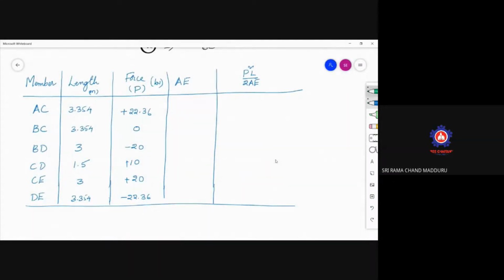A is mentioned as 1000 mm square, E is 2 into 10 power 5 Newton per mm square. A into E is nothing but 2 into 10 power 5 multiplied with 1000, which is 2 into 10 power 8. Now understand, what is the unit of axial rigidity? It is Newton per mm square into mm square, which is nothing but Newton.